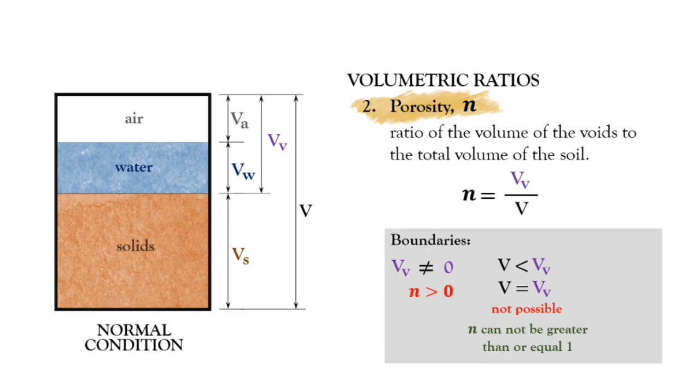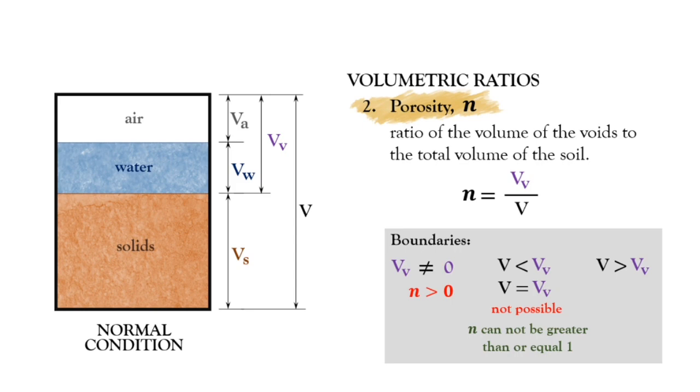So how about if the total volume is greater than the total volume of the voids? That is always the case, tama ba? Lagi naman dapat na mas malaki ang total volume compare sa volume of the voids dahil ang volume of the voids ay component lang ng total volume. So that means yung ibang part ng volume na yan ay para sa volume of the soil solids.